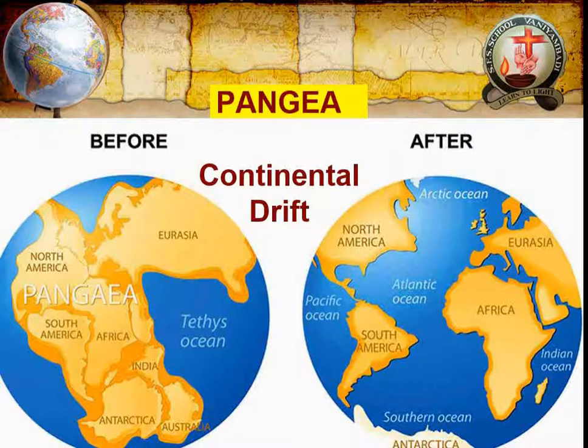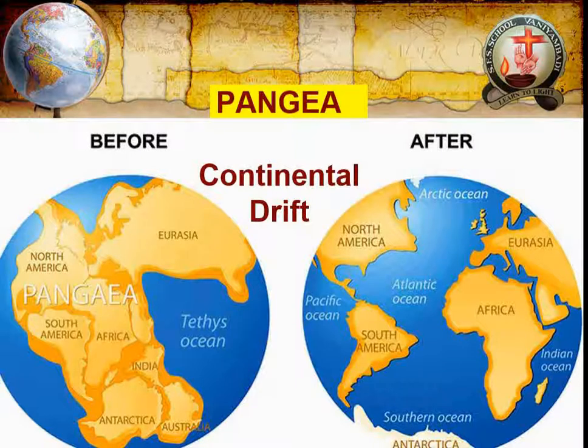The meaning of drift is moving from one place to another place slowly through water or air. That is the meaning of drift. So that's what happened to the landmass.